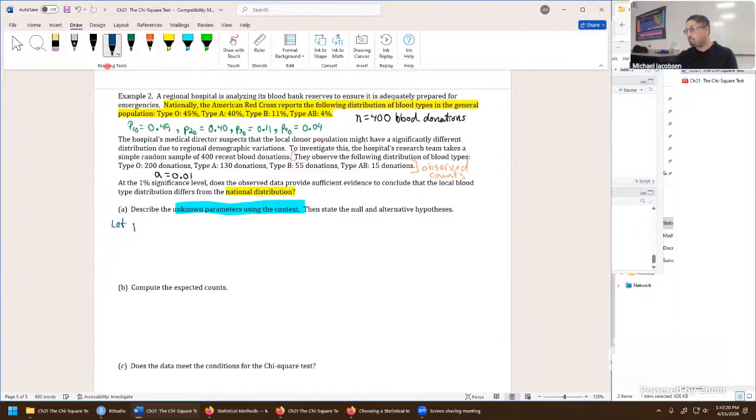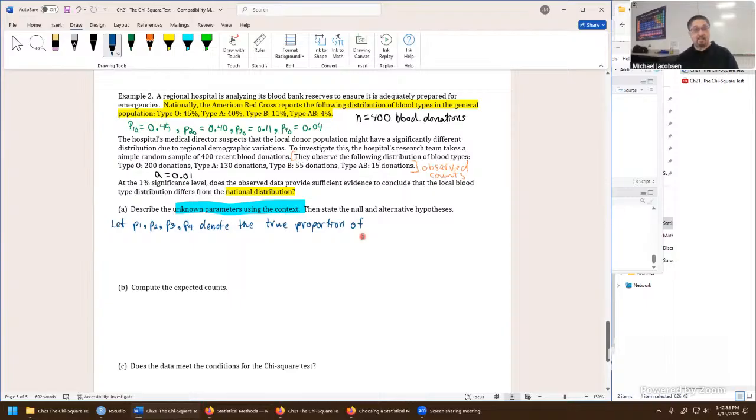Let P1, P2, P3, P4 denote the true proportion of, in our chapters 19 and 20, we would have said proportion of successes, but we don't have that notion of success versus failures because there's 4 outcomes, type O, A, B, AB.